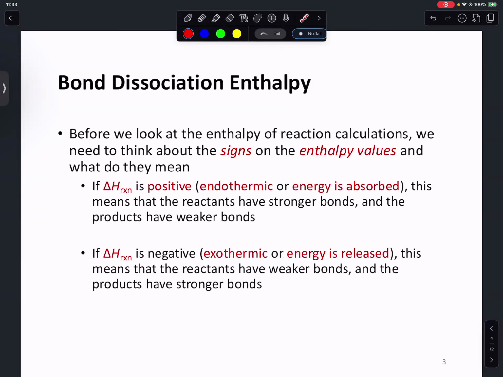If a process has a positive change in enthalpy, this means conceptually that the reactants have stronger bonds than the products. And if the change of enthalpy is negative, it's an exothermic process. This means that the reactants have weaker bonds than the products.